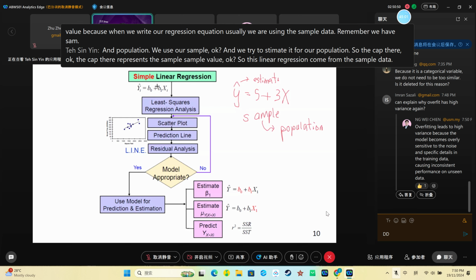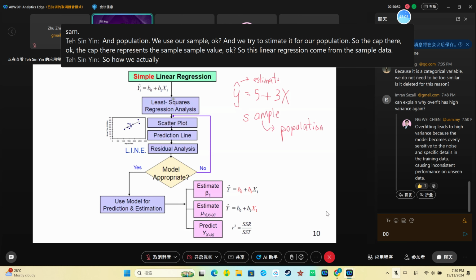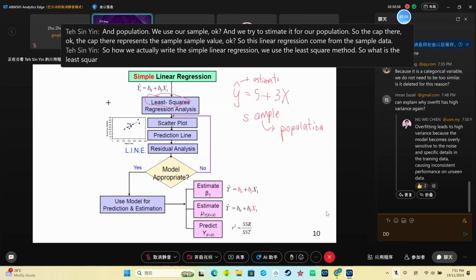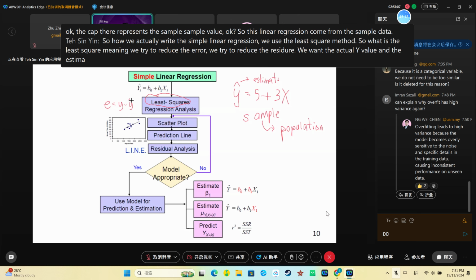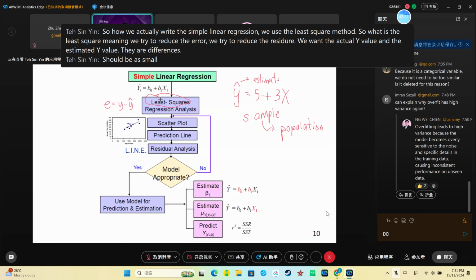So how do we actually write the simple linear regression? We use the least square method. What is the least square? It means we try to reduce the error, we try to reduce the residual. We want the difference between the actual y value and the estimated y value to be as small as possible.